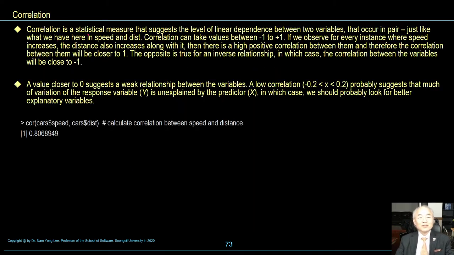Correlation is a statistical measure that suggests the level of linear dependency between two variables that occur in pair, just like what we have here in speed and distance. Correlation can take values between -1 to +1.